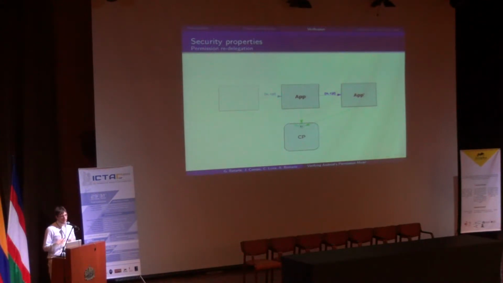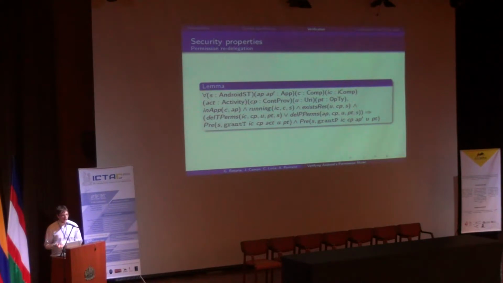This provokes that the original application, the one that delegated the permission in the first place, kind of loses control of this delegated permission because it can be indefinitely redelegated by the other application. Well, this is again formalized as a lemma and successfully proved in Coq.